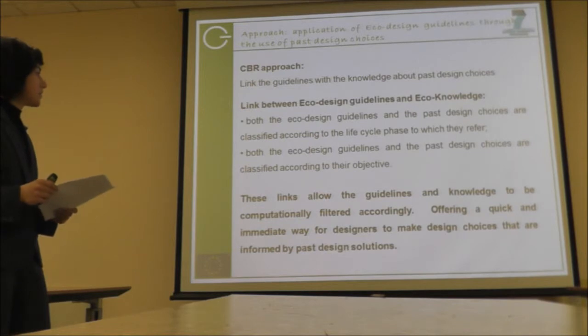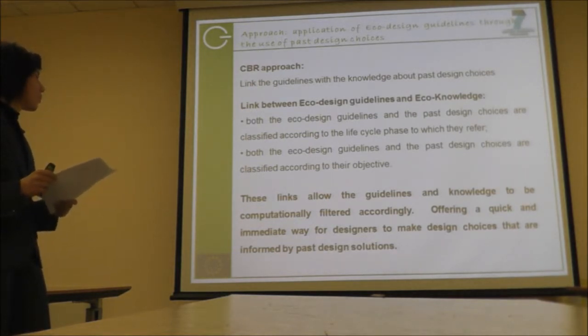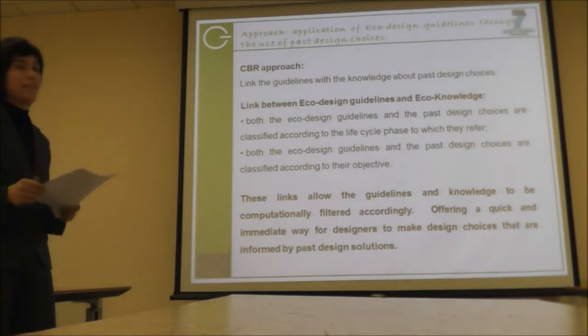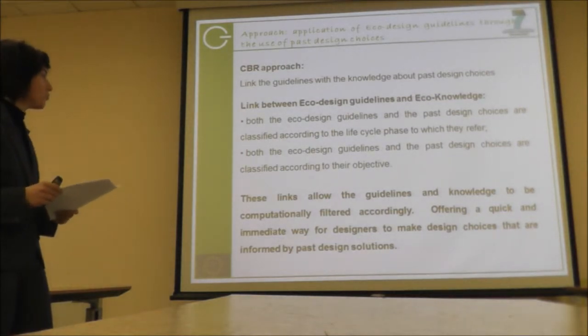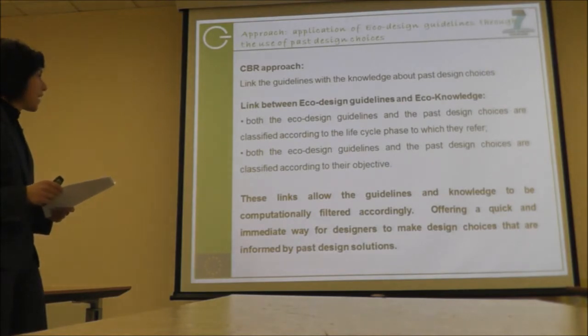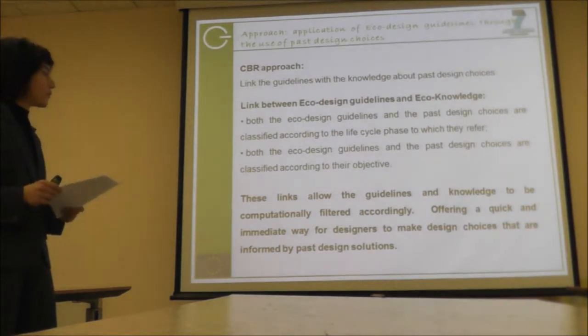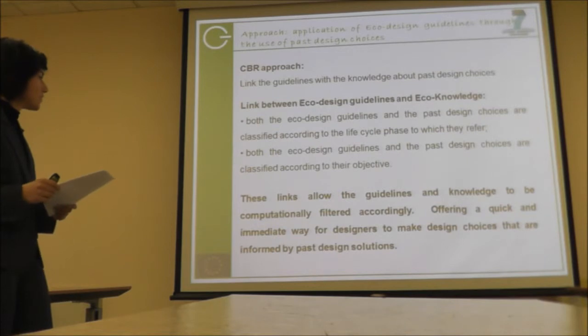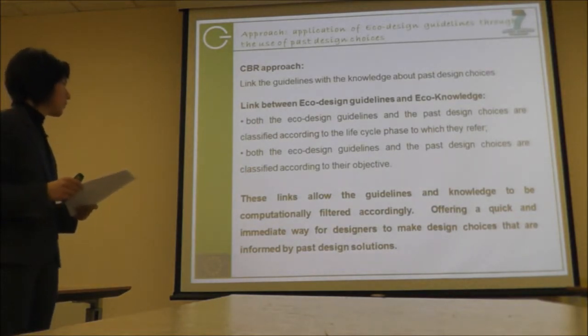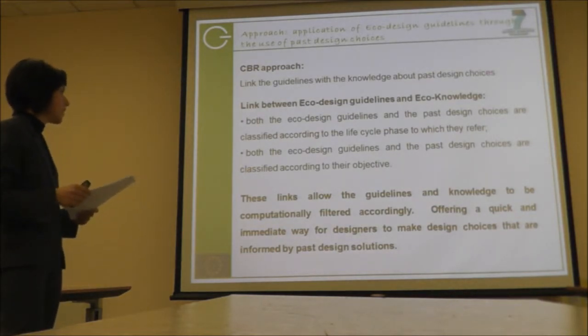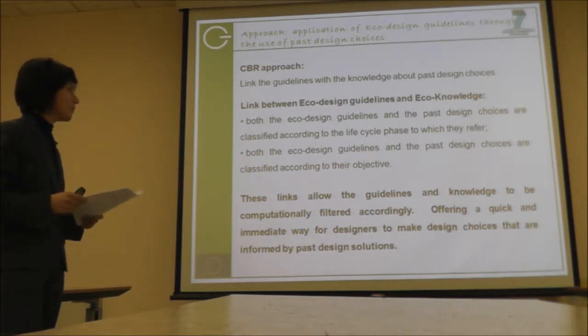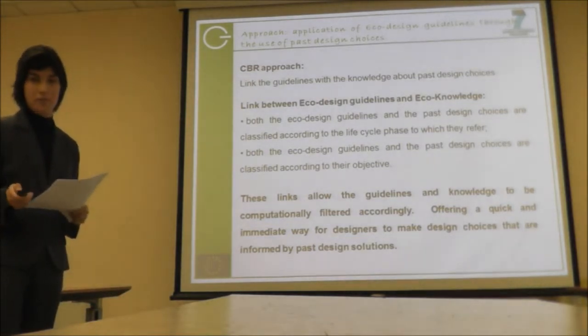And these links allow to filter eco-design guidelines and knowledge according to these specific attributes, and this offers to the designers an immediate way to understand how to modify products in order to achieve some objectives.